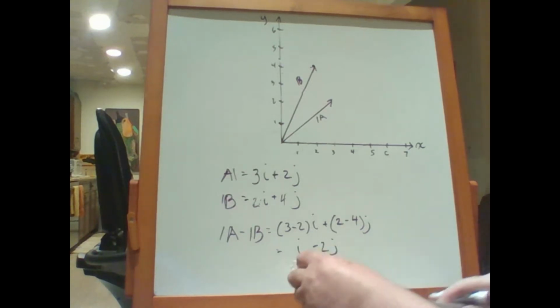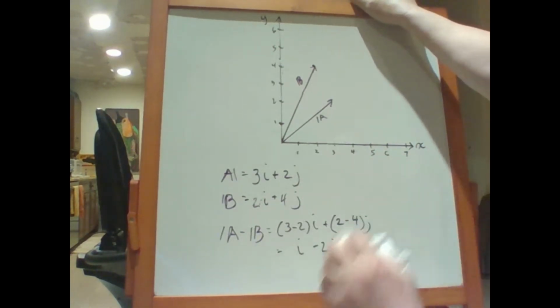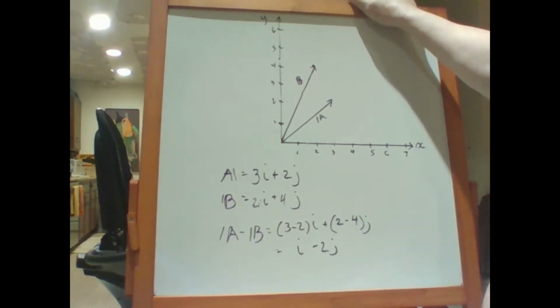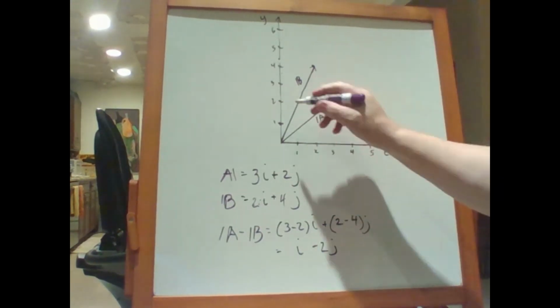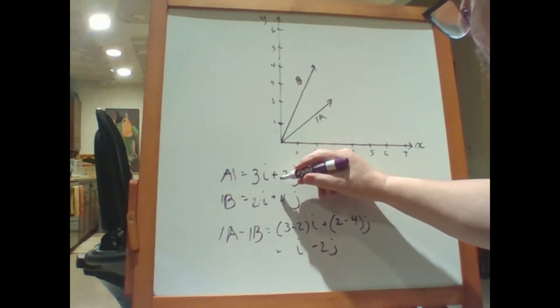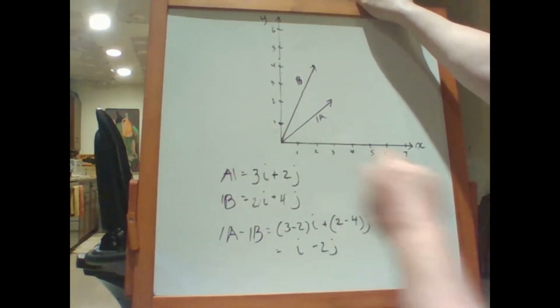So we would have to alter our coordinates, because we'd have to go down 2J.